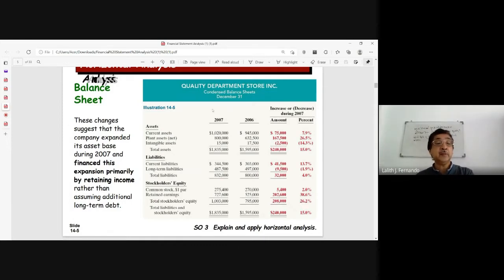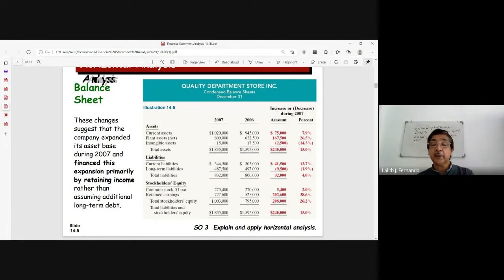Now you can see these changes suggest that the company expanded its asset base during 2007. By how much? It's a 15% growth year on year, and financed this expansion primarily by retaining income.